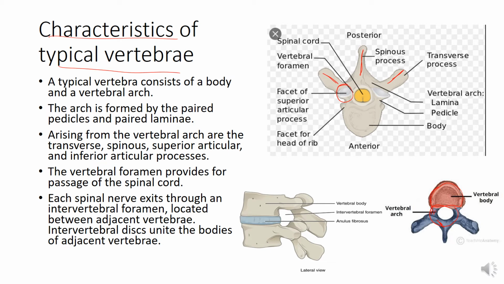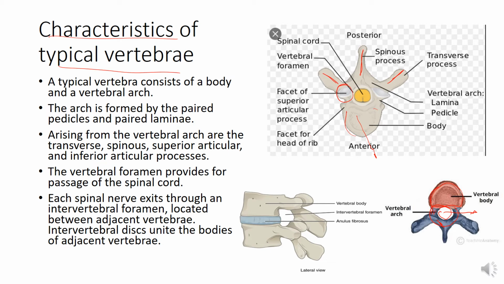Now, the vertebral foramen, which lies between the body and the vertebral arch, is a foramen which provides passage for the spinal cord. Now, the body is the broad and flattened part. You can see here, the body is the broad and flattened part, the largest part of the vertebra.